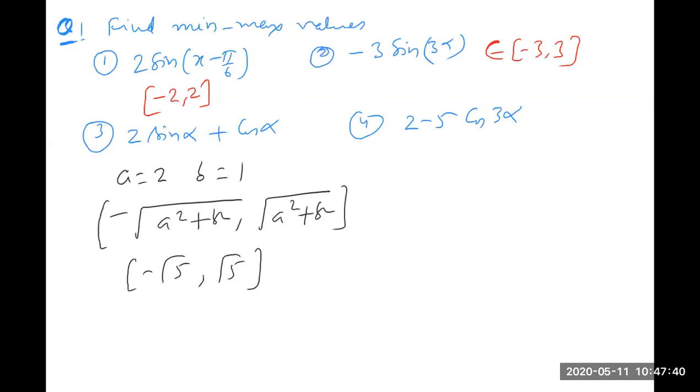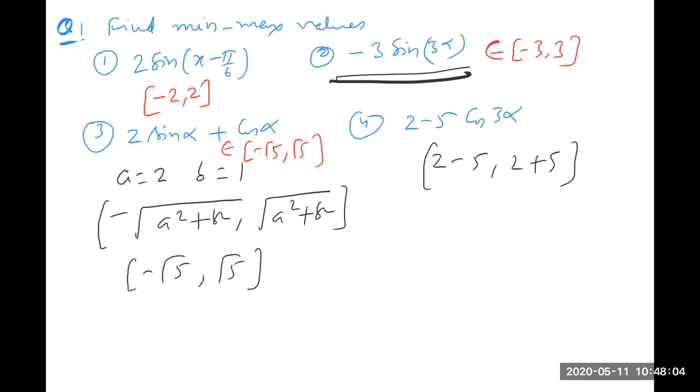And here, like the previous question, this is 2 minus 5 to 2 plus 5, because in the previous question it was minus 3 to 3, and if we add 2, it is 2 minus 3 to 2 plus 3. So minus 3 to 7.